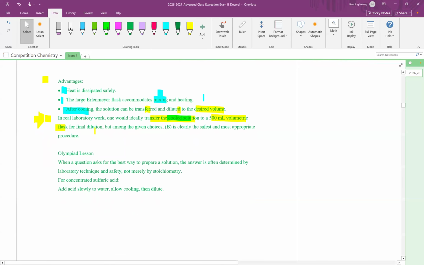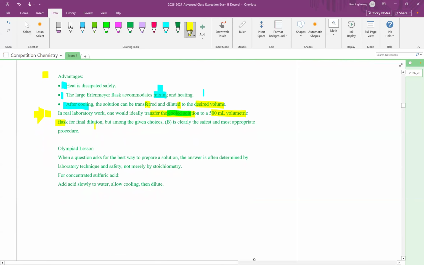So here, this question, the best way to prepare the solution. This one is related to lab technique and safety, not stoichiometry, okay? For concentrated sulfuric acid, always slowly add to the water, cool down, then dilute. That's the way to do that.